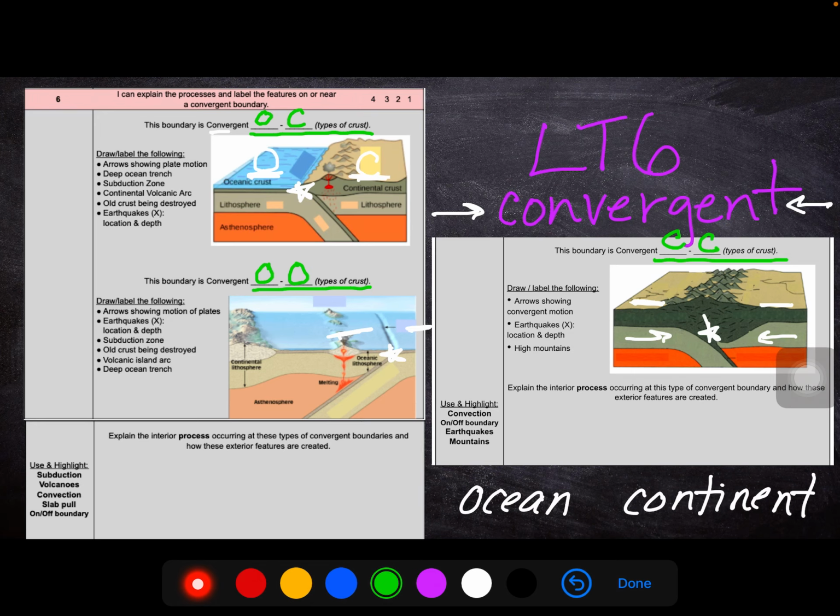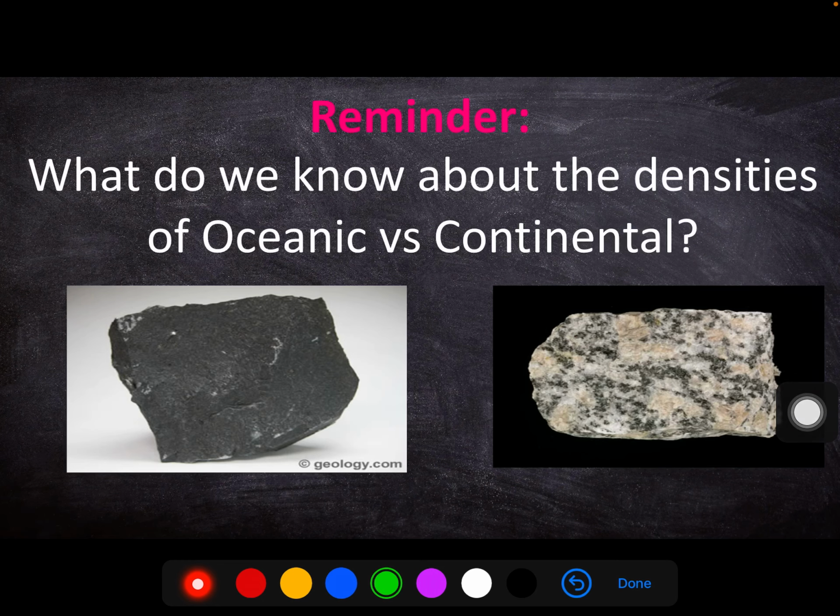Now looking at this, hopefully you're recognizing that there are some similarities, but they're not all identical. So we want to look at them a little bit separate. We're going to start with this one here, convergent continent, because it's the most different. So go ahead, get yourself lined up with this picture side by side so you can fill in a few things as we go.